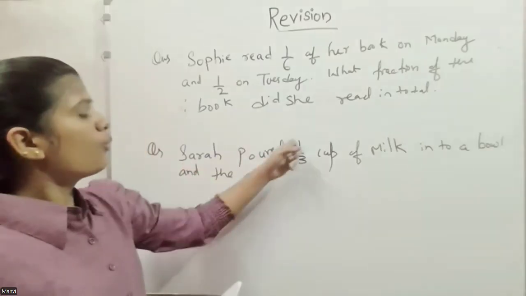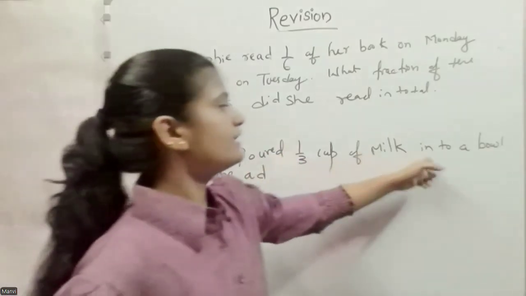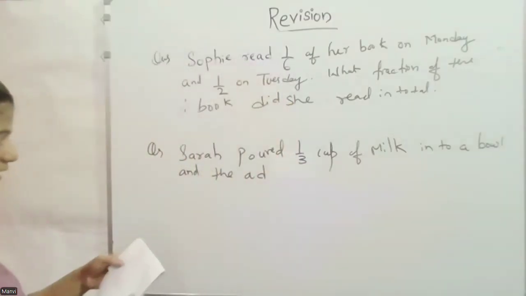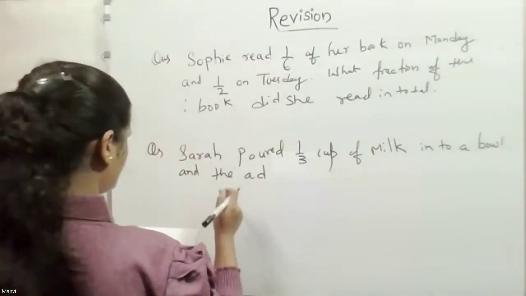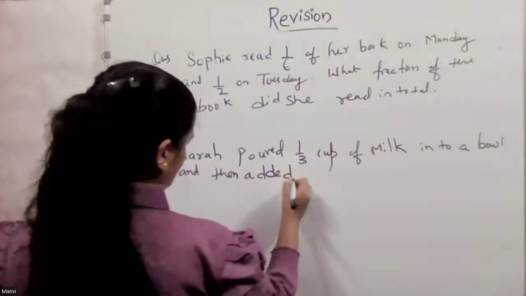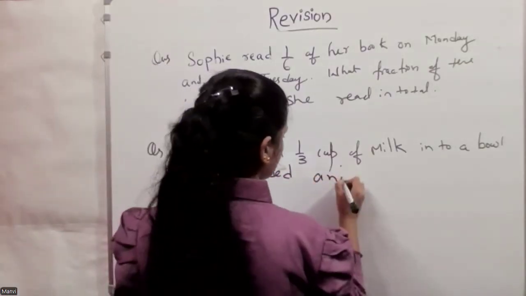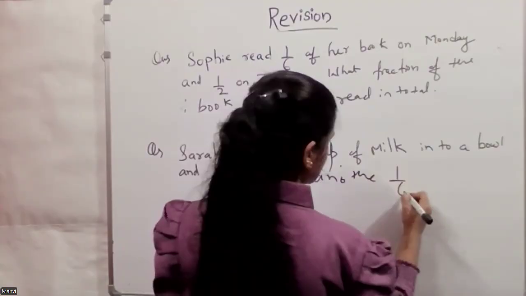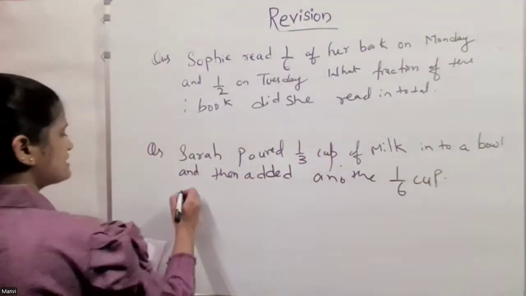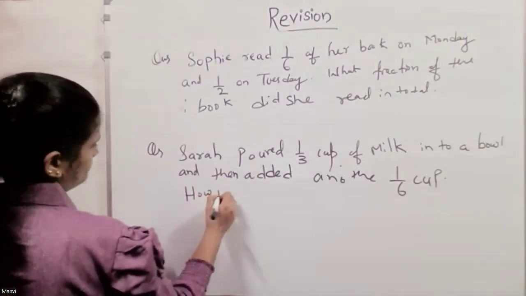Here is the second one. Sarah poured 1/3 cup of milk into a bowl and then added another 1/6 cup. How much did she use in total?